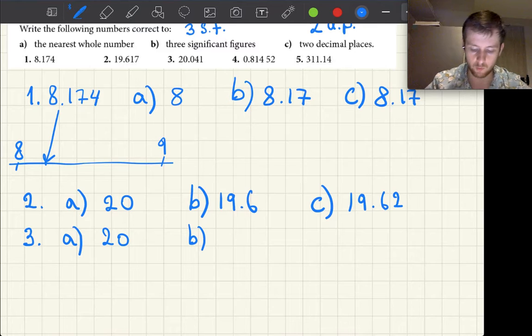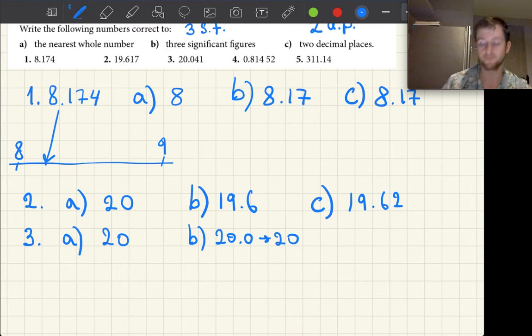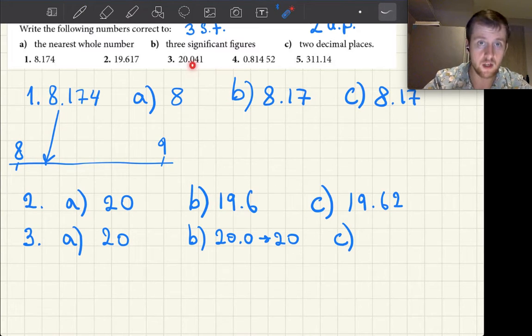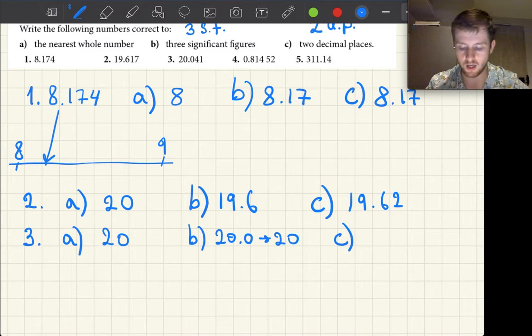It's basically 20.0, which we can just write as 20. Finally, two decimal places, that's the first one and that's the second one. We look at 4 and the digit next to it, which is 1. It's not going to go up, it's going to stay, so it's 20.04.